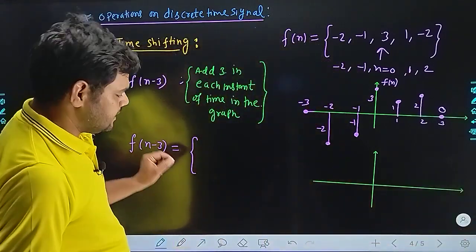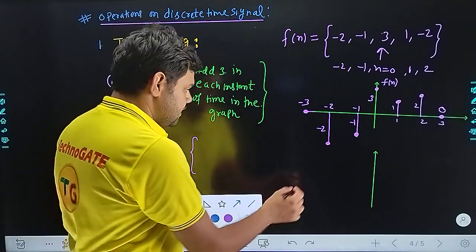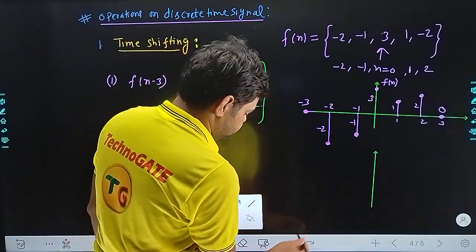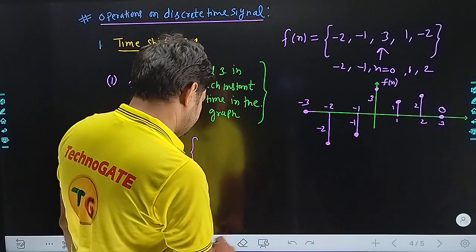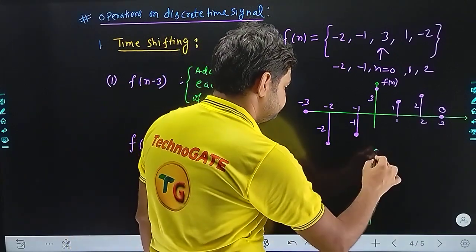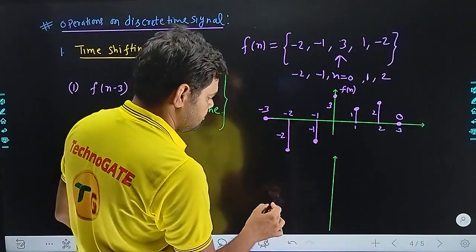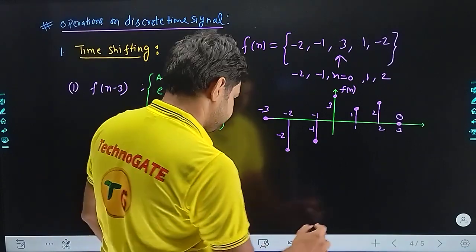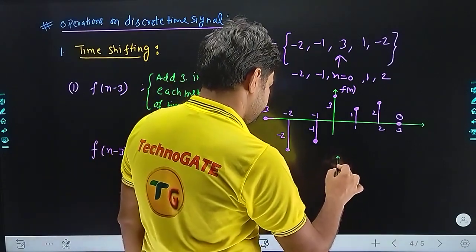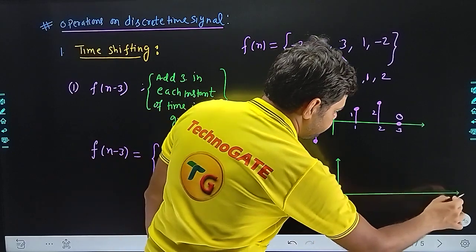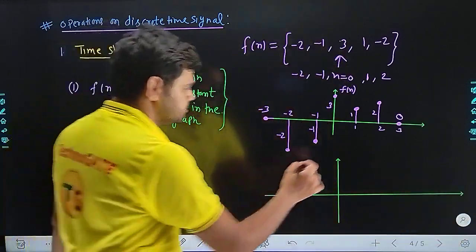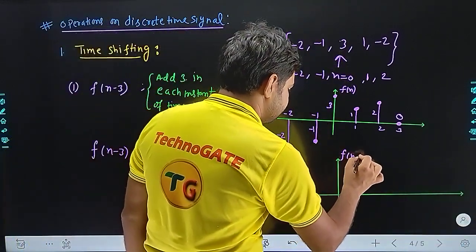So let us draw the f of n minus 3. What I mention here, guys, just perform the addition of 3 at each and every instant of time.